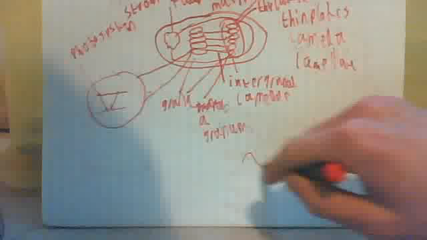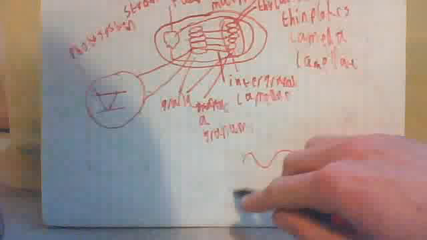As you can see, it gets wider towards the top, and this is just to increase surface area because it wants to absorb as much light as possible, and this is why there's so many of these thylakoids in the stack to increase the surface area. If you've got this sort of shape going on along the side here, that's going to soak up a lot more light than if you've got just a dead straight one, because this has a far greater area, and the same principle applies to this photosystem.